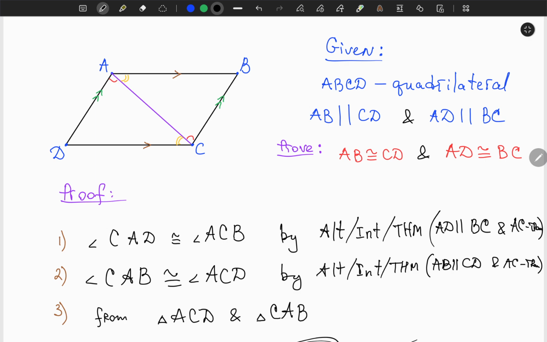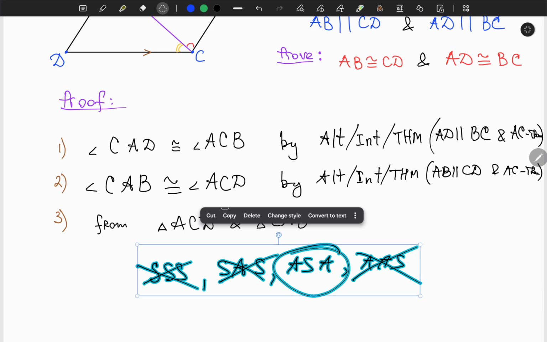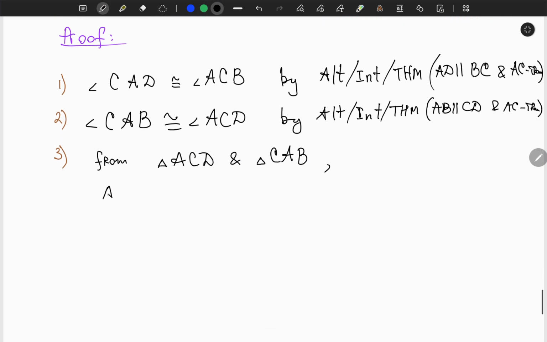Line segment AC belongs to the first triangle, let it be triangle 1, and to the second, triangle 2. From these two triangles, we can say that AC is congruent to AC by the reflexive property, by itself.